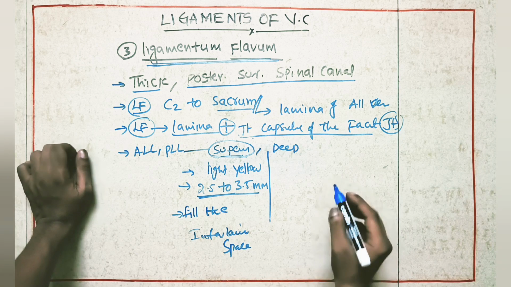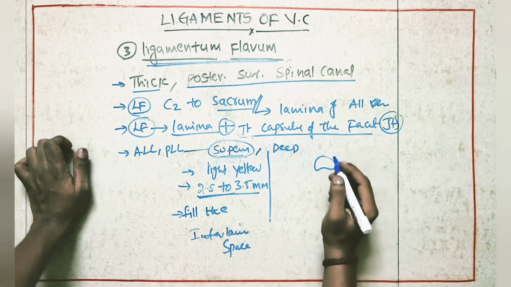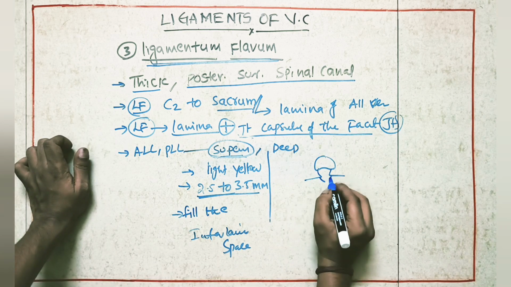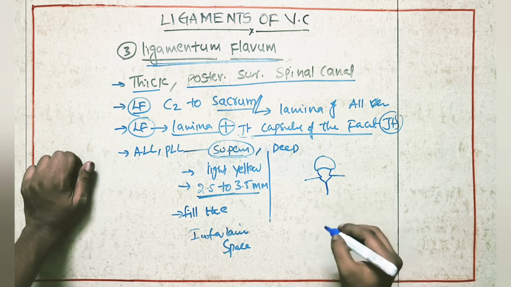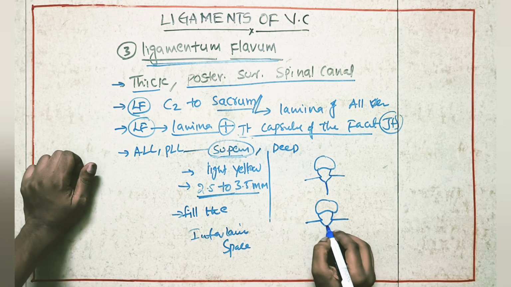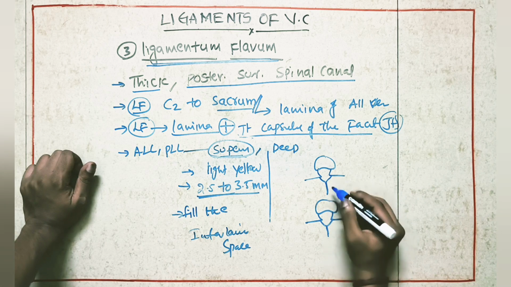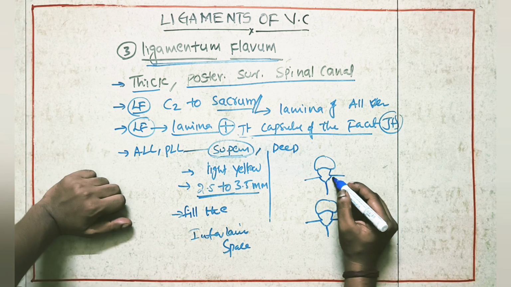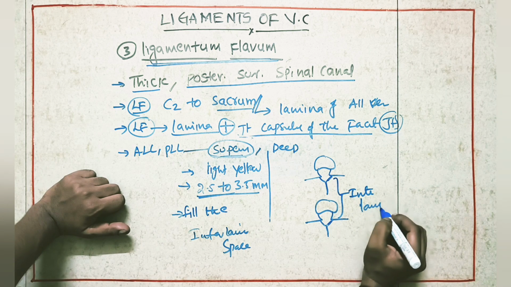What does interlaminar space mean? Suppose we take one vertebra, with pedicle, transverse process, lamina, and spinous process. For understanding, take one more vertebra with pedicle, transverse process, lamina, and spinous process. The space between this lamina and this lamina is the interlaminar space.